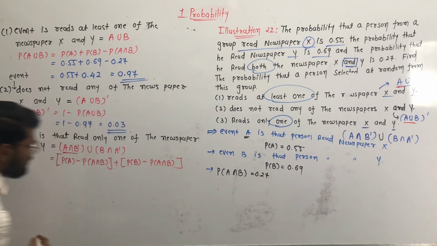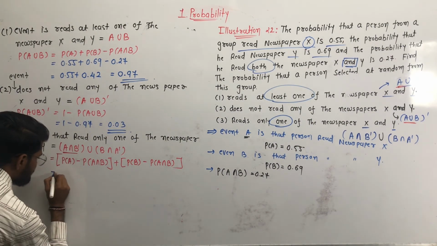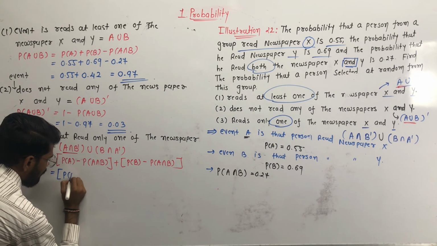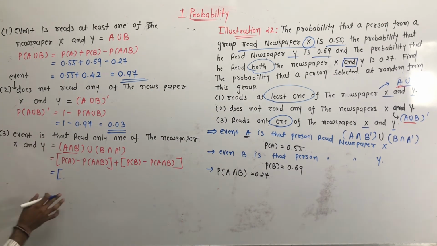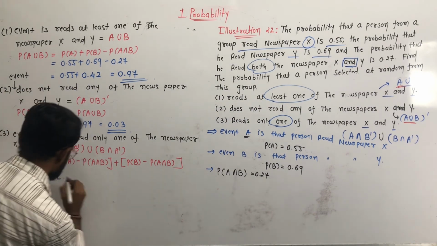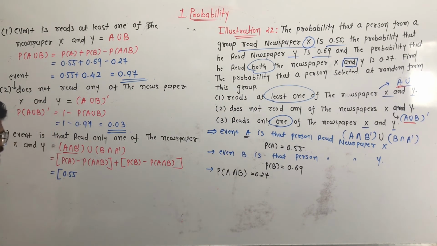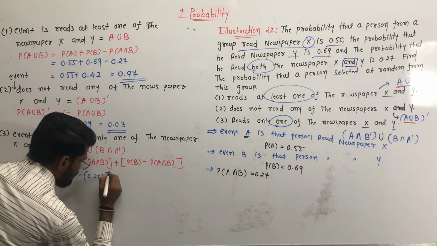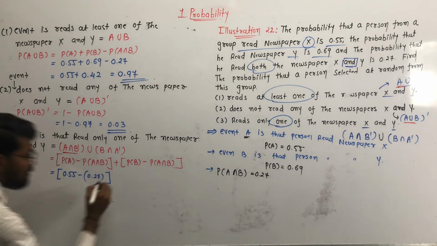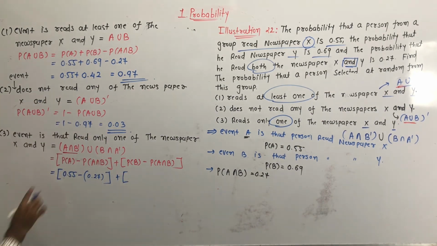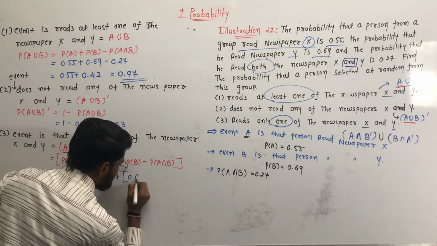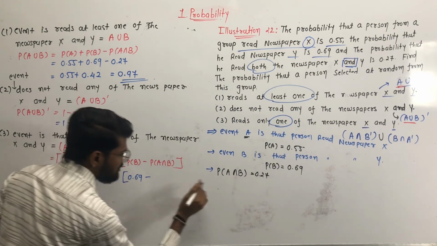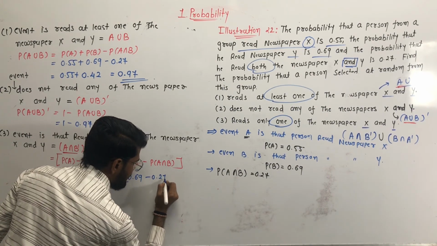Clear. Now put the value. P of A is equal to 0.55, clear, and minus P of A intersection B is equal to 0.27, and plus P of B is equal to 0.69 minus P intersection A and B is equal to 0.27.